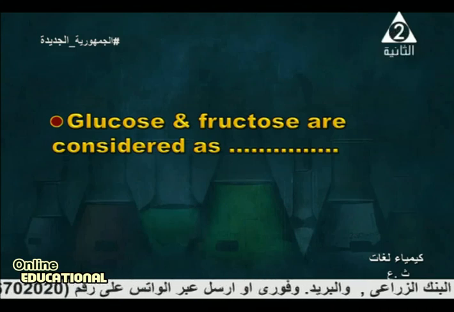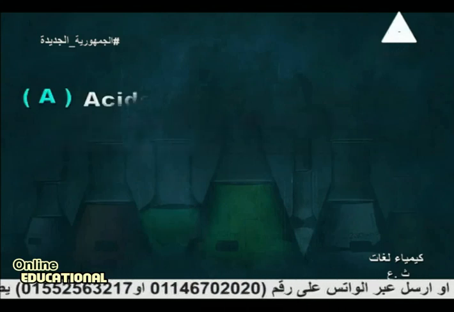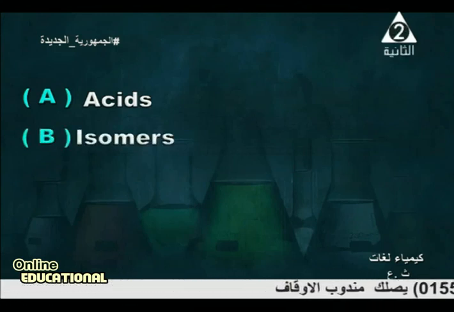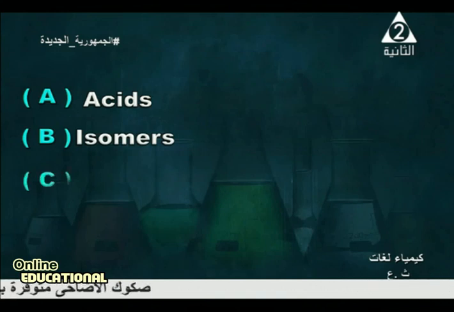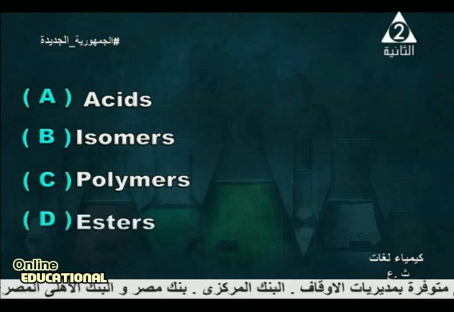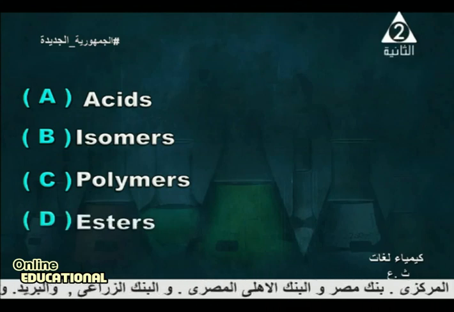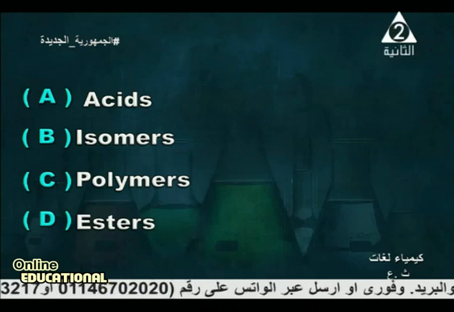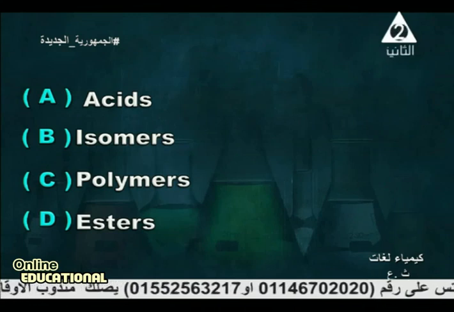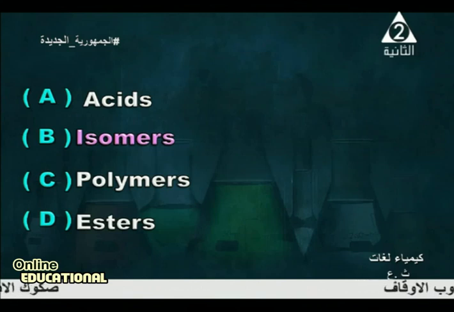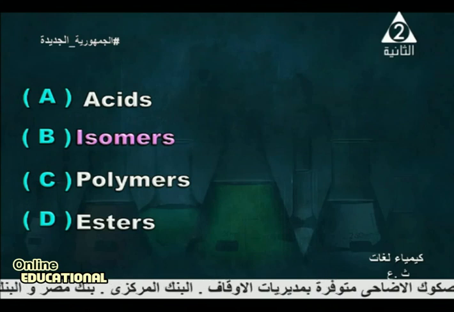The good answer can be: they are acids, or they are isomers, or they are polymerized, or they are esters. Now, I said the same molecular formula, C6H12O6 for both. So the answer here must be isomer. Same molecular formula, different structural formula.